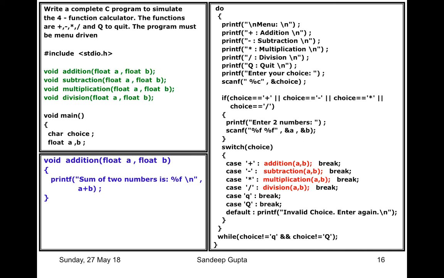What the if statement will do is, it will check whether choice is plus or minus or star or division. And only when choice is any one of these four options, these two statements will execute. If choice is Q, then all the conditions over here will be false and printf and scanf will not execute. So we will achieve what we always wanted.